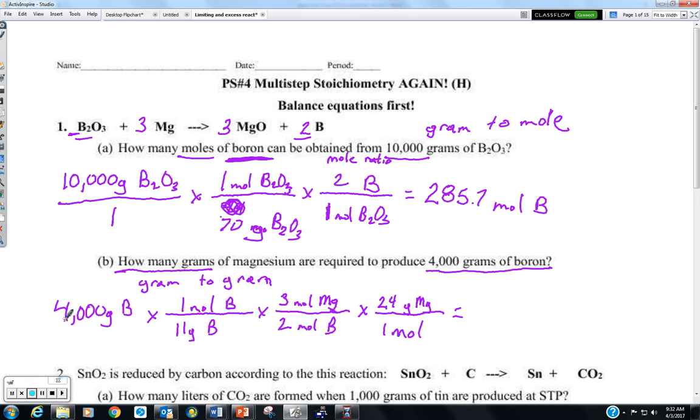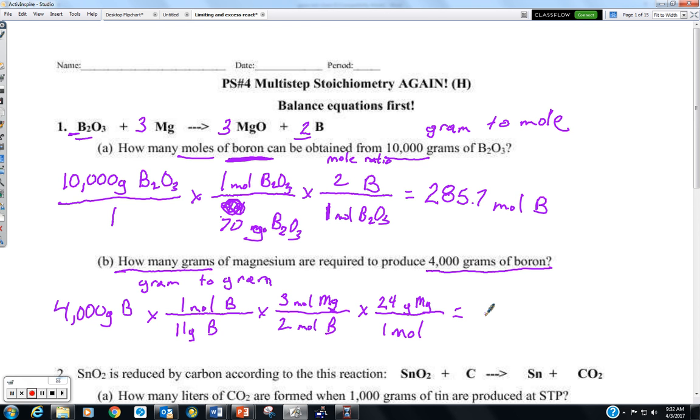On this one, we're going to go 4,000 divided by 1 over 11, or divided by 11, times 3 halves, or times 3 divided by 2, whichever way you want to look at that, times 24.